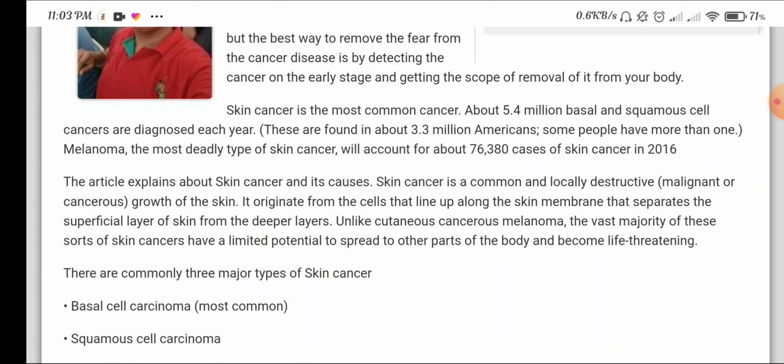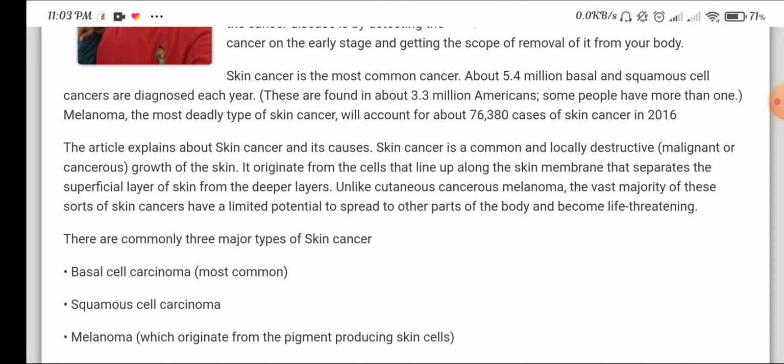Unlike cutaneous melanoma, the vast majority of these skin cancers have limited potential to spread to other parts of the body and become life-threatening.